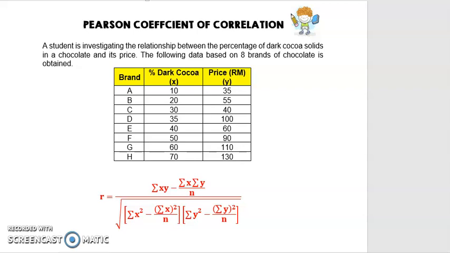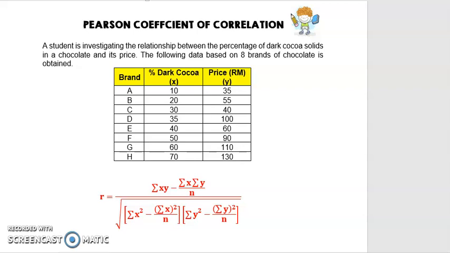Here, the percentage of dark cocoa contained in the chocolate will be the independent variable X, and the price will be the dependent variable Y. Basically, we say that price depends on the percentage of dark cocoa contained in the chocolate. So we expect that the higher the percentage of dark cocoa, the more expensive the price.